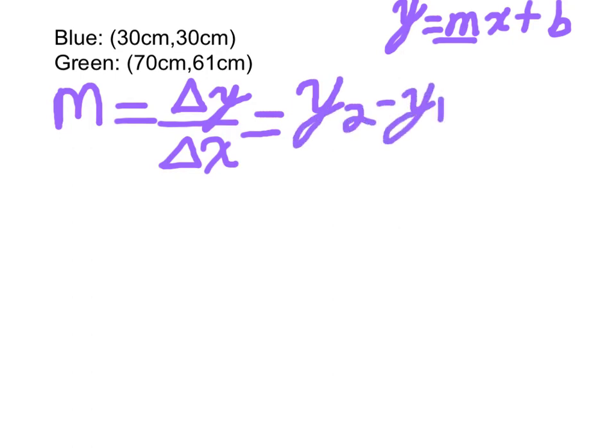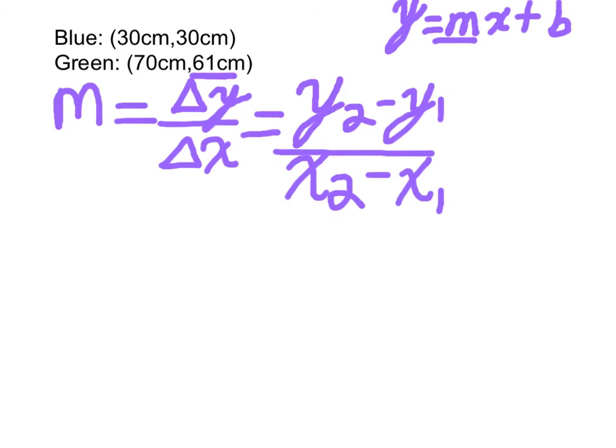We'll just call them y2 and y1 for now. And then you pick 2 x points. However, whatever y you pick, you have to pick the x that goes with it. So if for y2 I pick 61 centimeters, the x that goes with it is 70 centimeters. Now it'll make more sense as we go along. This formula I've just written, y2 minus y1 over x2 minus x1, is also sometimes called rise over run. How far up something goes, divided by how far over it goes.